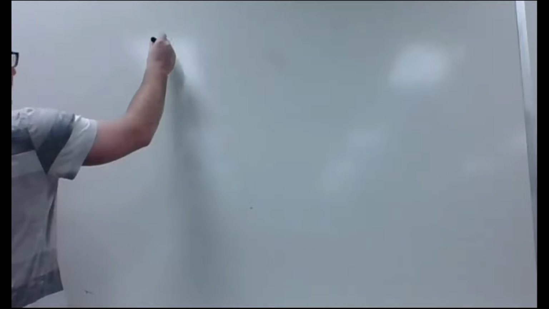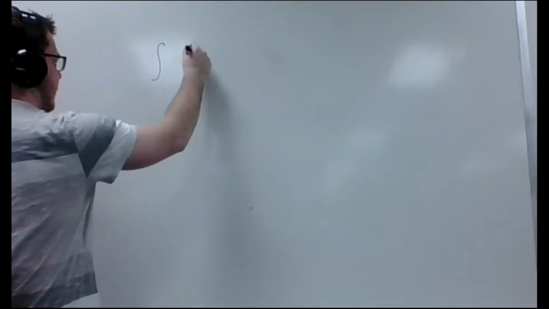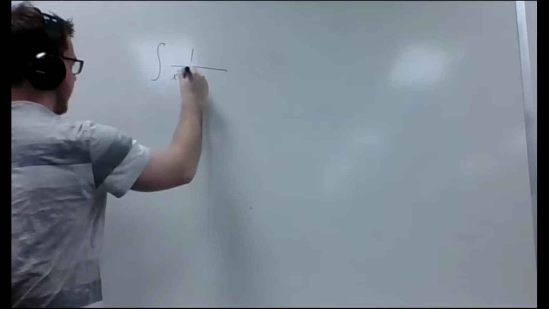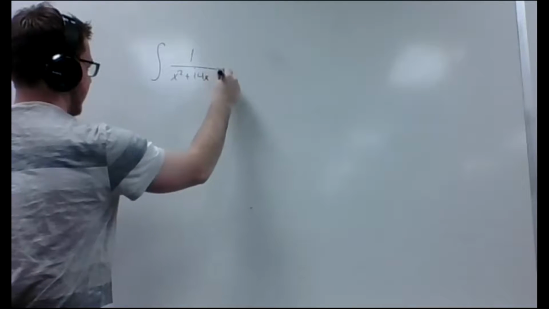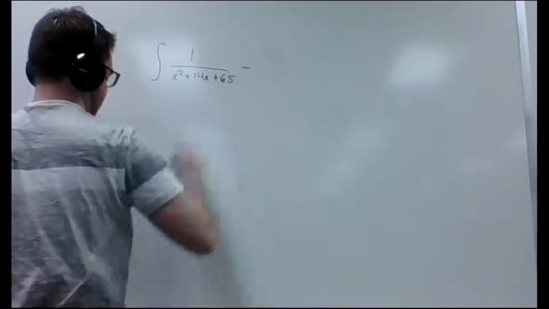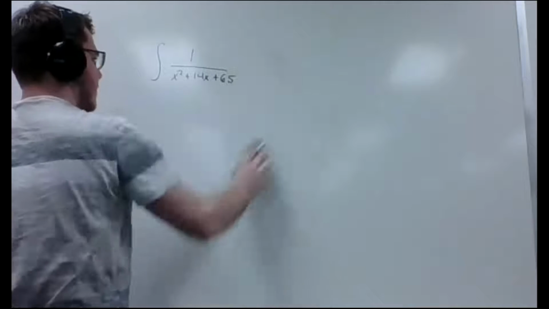Integral wise, it's kind of a similar thing where we're not working with really any more rules, but it's just being able to do things algebraically that will help you with your rules. So now we get this one, right? We have 1 over x squared plus 14x plus 65 dx.